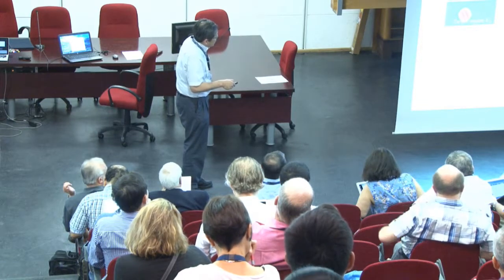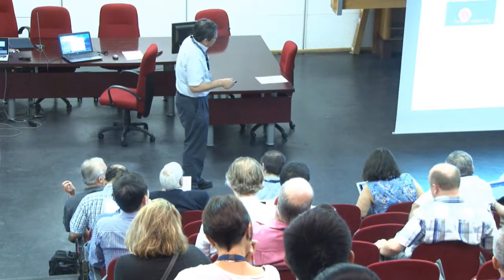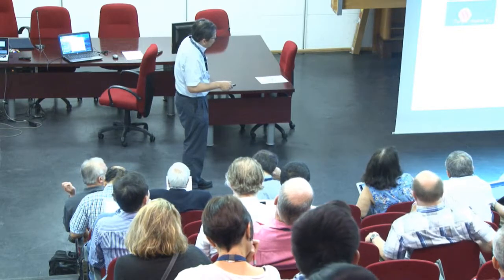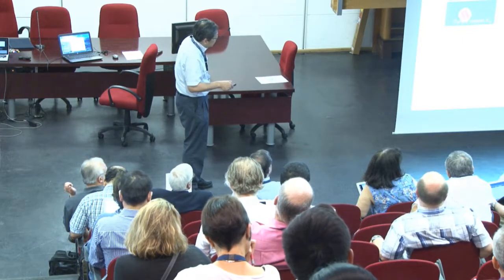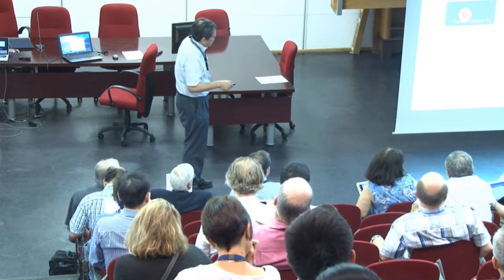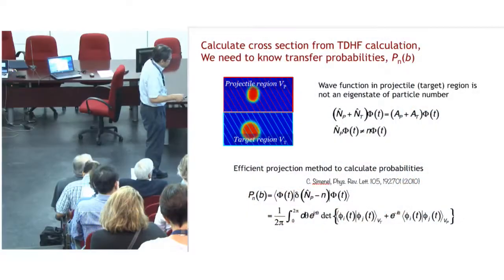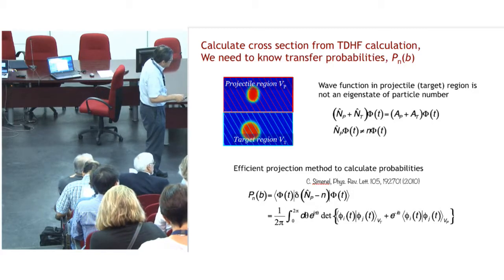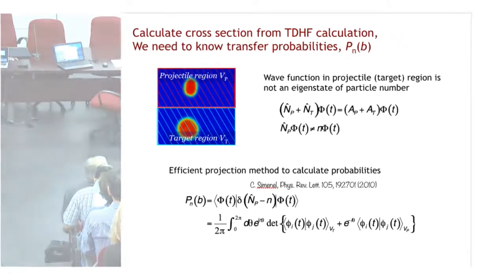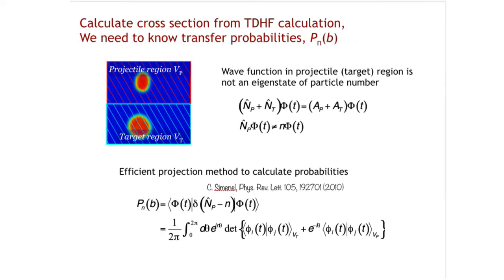But okay, in the TDHF calculation, we always treat a single Slater determinant, and the total number of nucleons is of course conserved. But the wave function after collision is not an eigenstate of the number operator in a specific spatial region. So in each region, the wave function is a superposition of different numbers of nucleons.